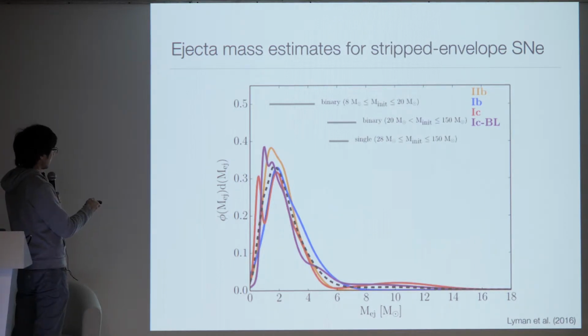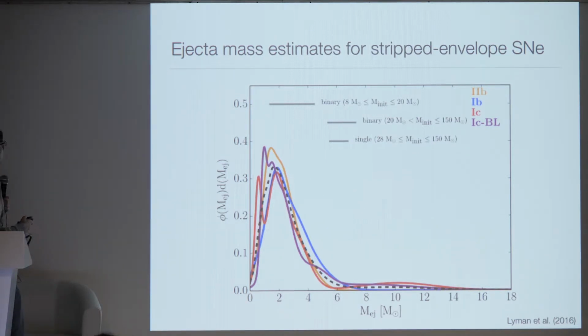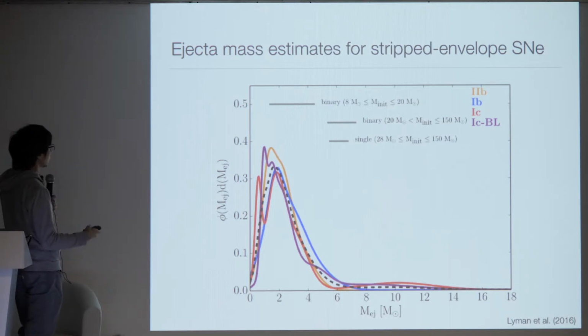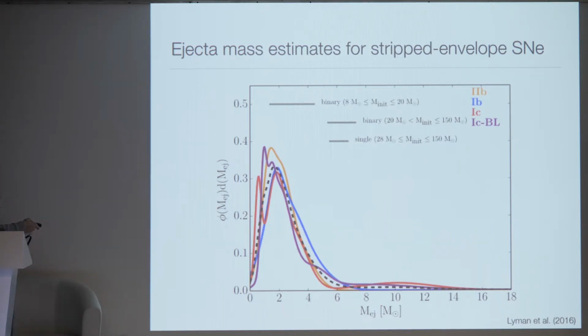And as was explained, single star evolution predicts more than 5 solar masses of ejecta. So if the major mechanism to lose the hydrogen-rich envelope is stellar wind from massive stars, then we expect the ejecta mass to peak around there, which we don't observe.